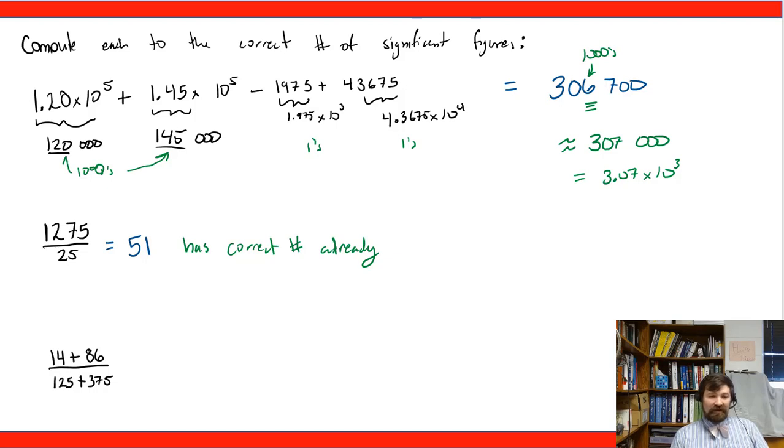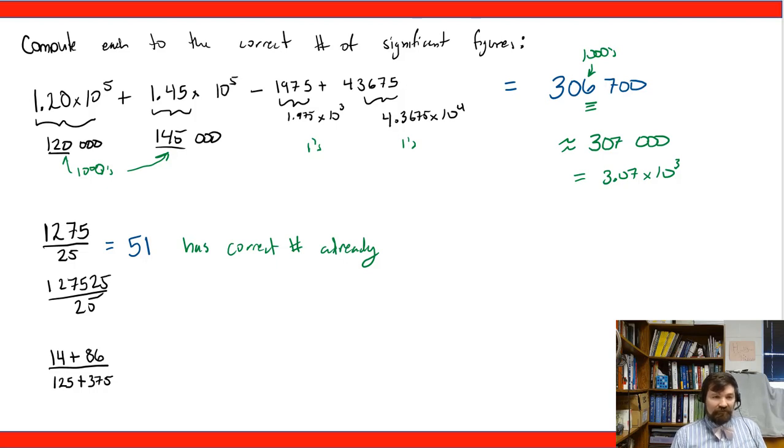Now, if we had another similar problem, let's say 127,525, and we were to divide that one by 25. So a similar number, 127,525 divided by 25.